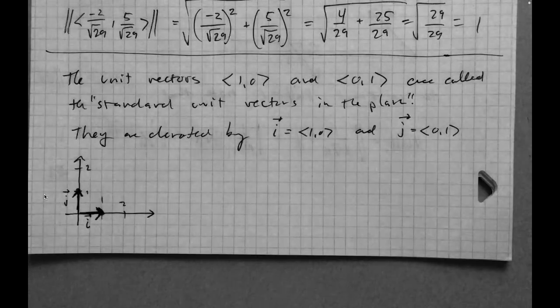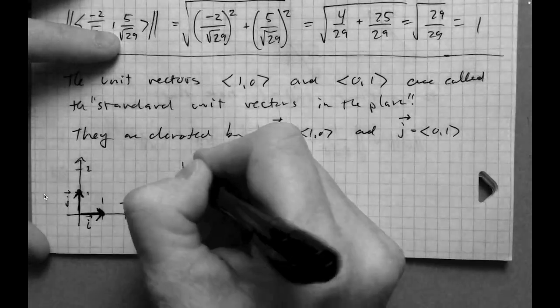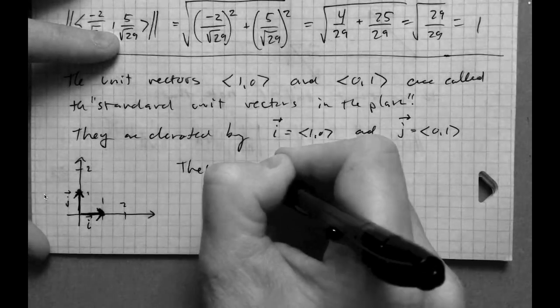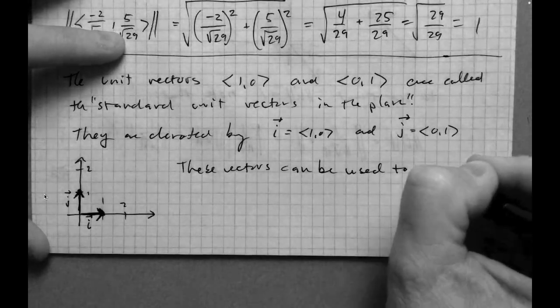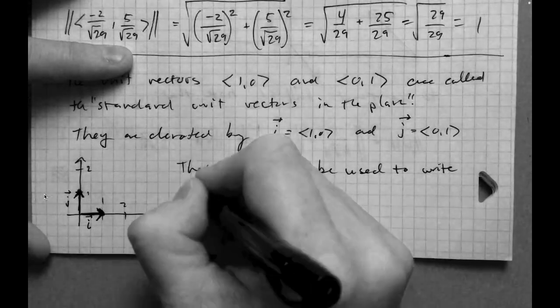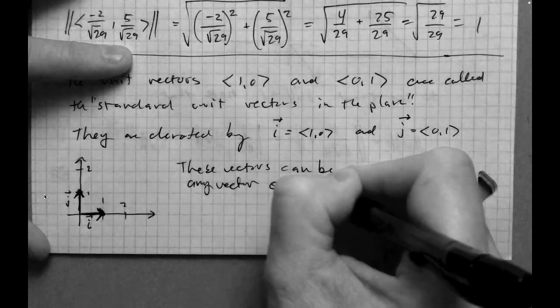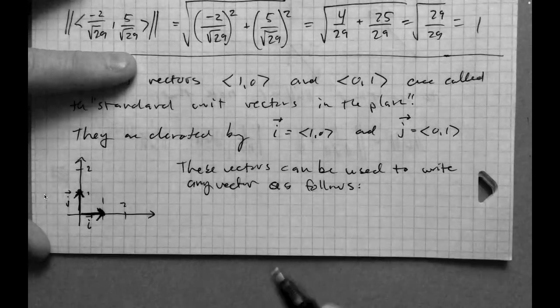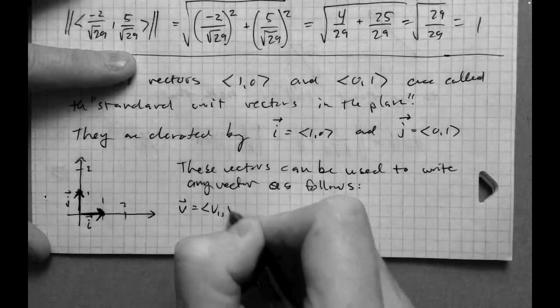Any vector in the plane can be written using i and j. Now, how does that work? Let's see. These vectors can be used to write any vector, as follows.